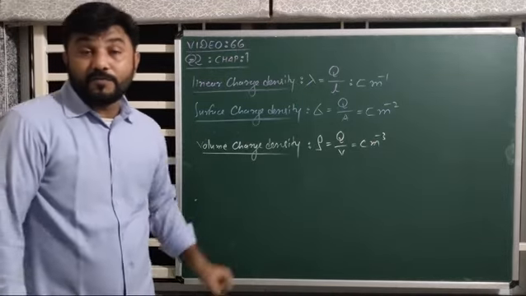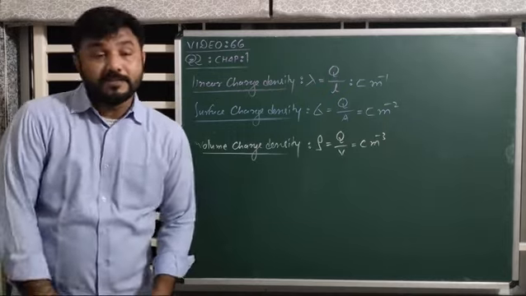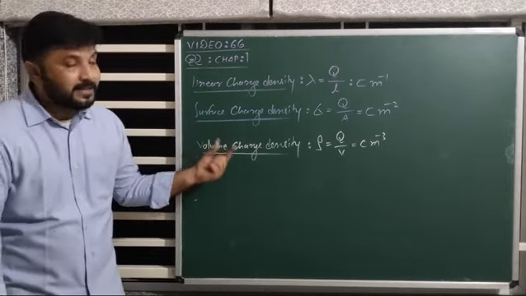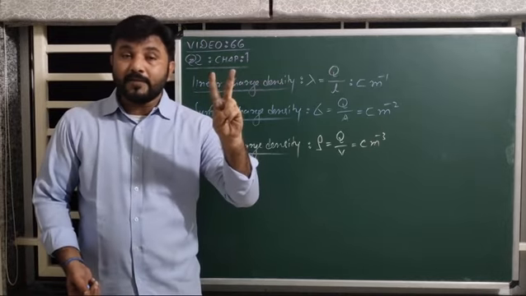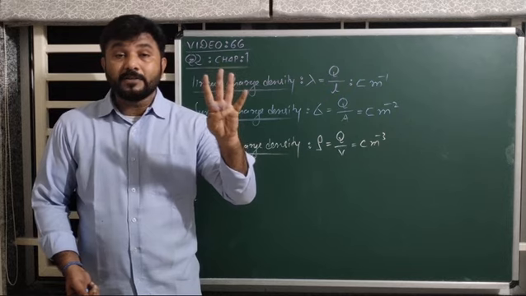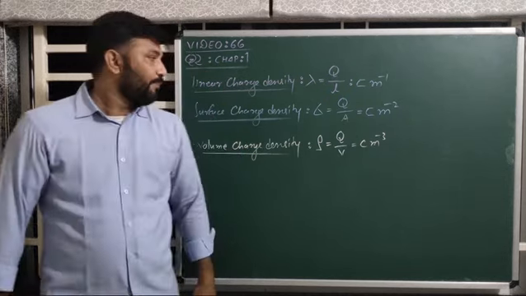So this question was asked two years ago in the final exam about surface charge density. Define surface charge density, give its equation, unit and dimension formula. It was a question of 2 marks.